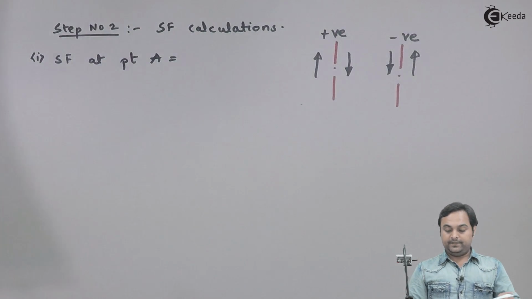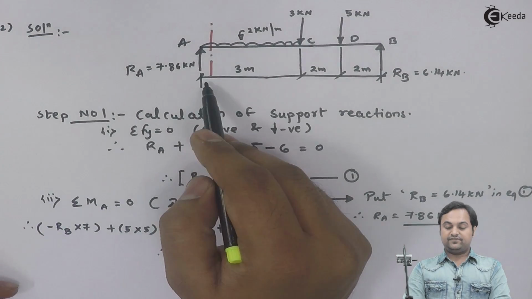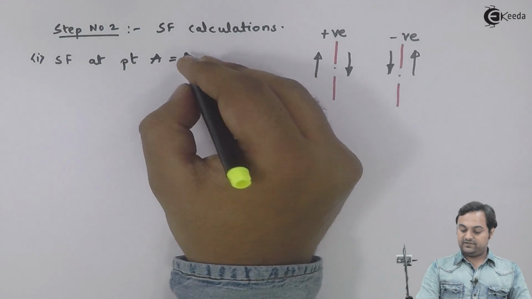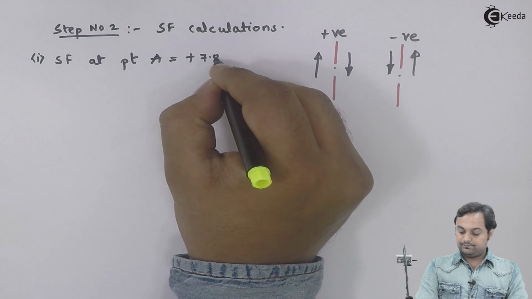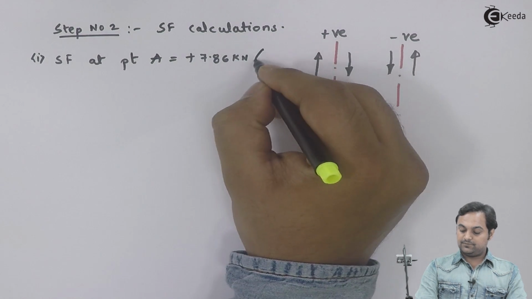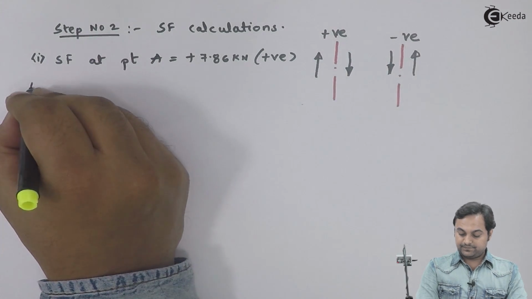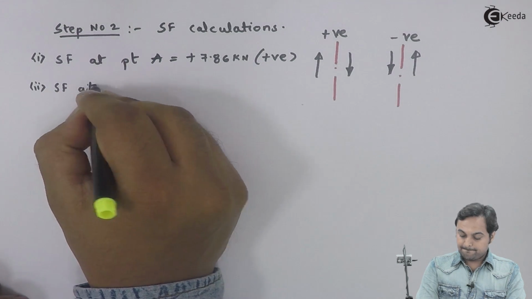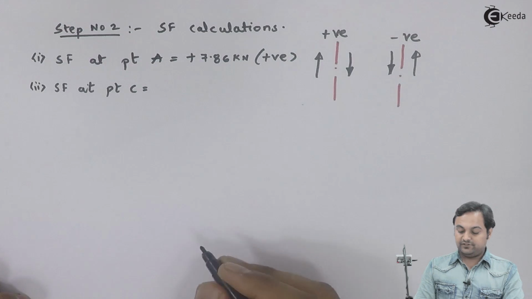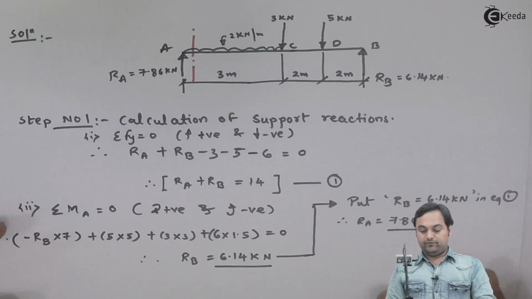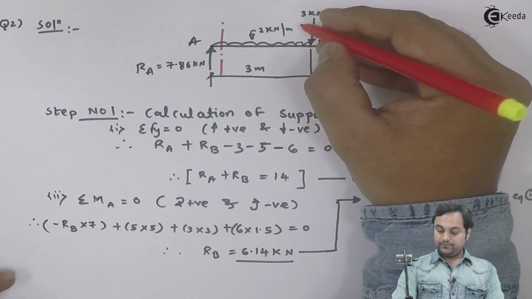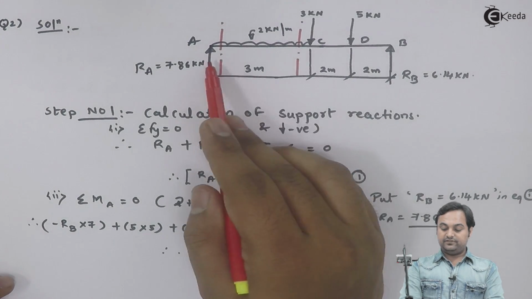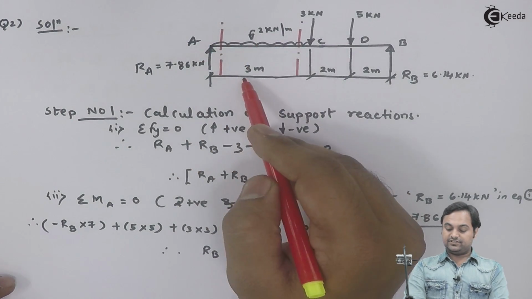So SF at point A, if I see this, here I have the section and to the left of the section I have upward force, so that has to be taken positive. So it is plus 7.86 kilonewton. That is positive. Next, SF at point C, here I would be having two values of shear force at point C. For the first value, I will be taking section to the left of C. So if I see to the left, I have RA as upward and this 6 kilonewton would be downward.